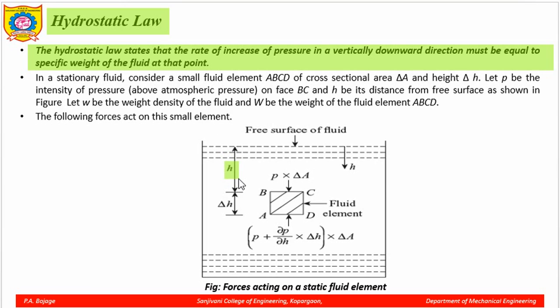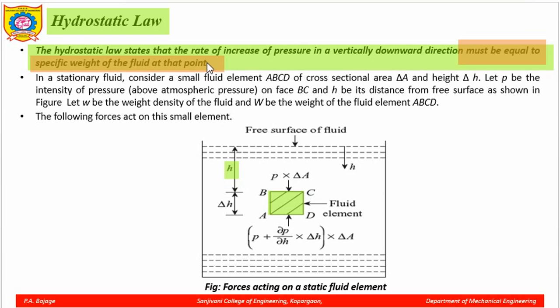For example, you can see in this diagram. This diagram basically tells you about a static fluid having a fluid element at a distance h vertically in the downward direction. Now, the law states that it must be equal to the specific weight of the liquid at that point.